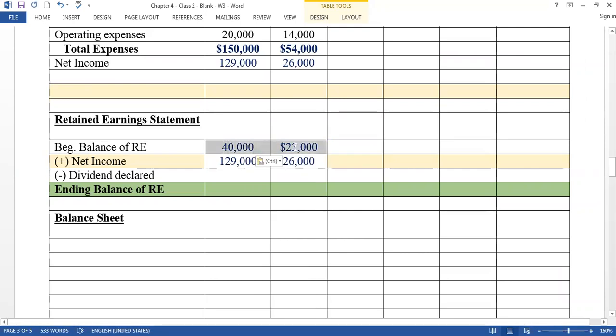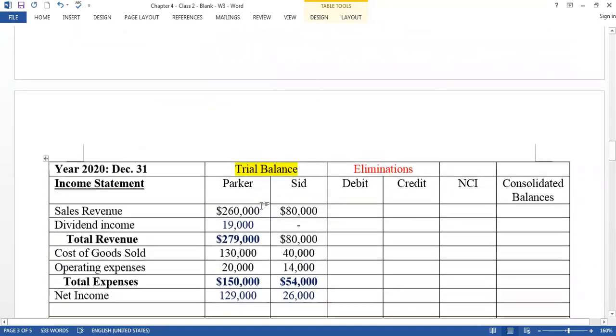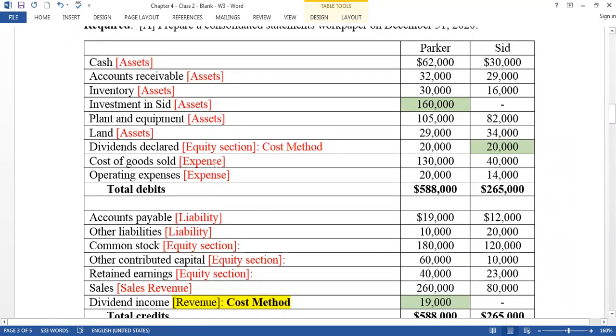So we know the beginning balance, we know net income, and we also know dividend declared.